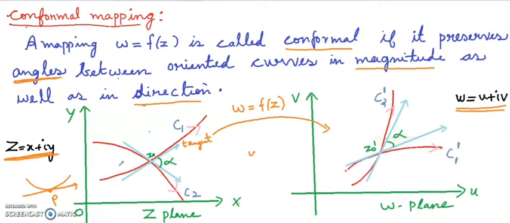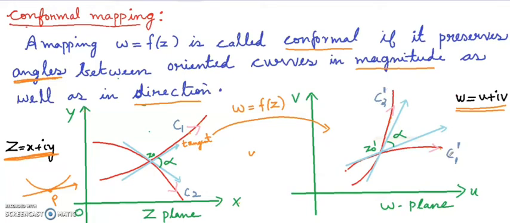Similarly for C2, each and every point in this curve can be mapped to a point in the other plane, so using that concept you can draw the image of C2, which is C2 dash.